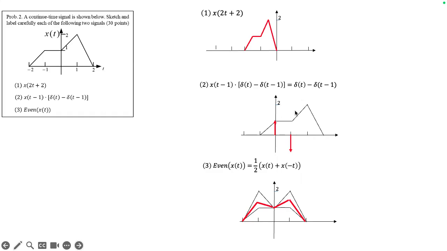This is your x(t), am I right? And what is your delta t? Delta t is just this one. And what is your delta(t-1)? Actually, it should be like this, am I right? But there is a minus, it's negative, so you flip it. And then you multiply this value and this value with the original signal, which means you just get this value and this value.